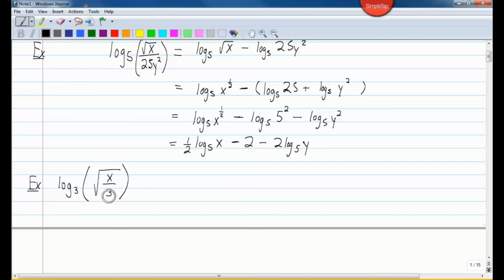Like, I can't apply the quotient rule because it's under this radical. The fraction is under the radical, so it's kind of like the radical is holding my problem hostage. It's stopping me from doing anything. But remember, if it's a radical, you can think about it like it's to the 1/2 power. And so if I want to expand this logarithm, I need to take this 1/2 and move it in front.